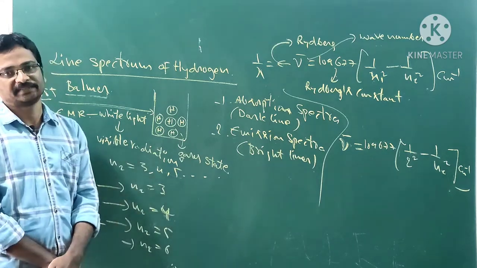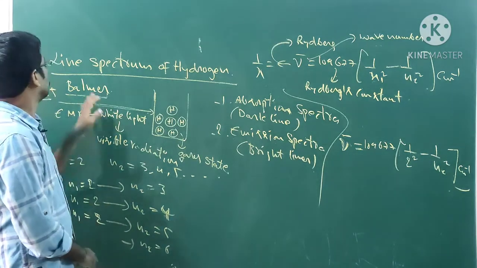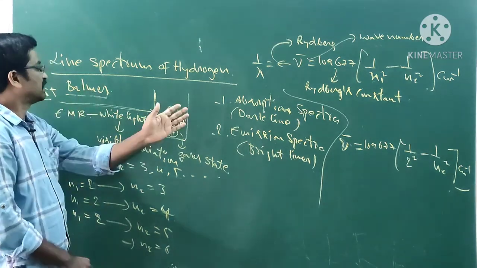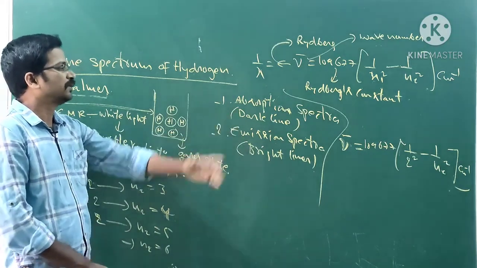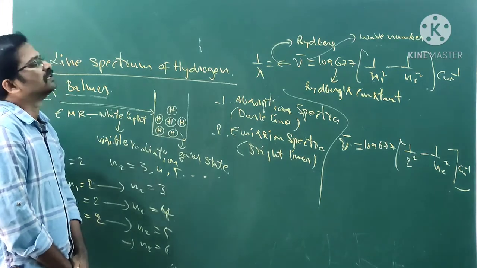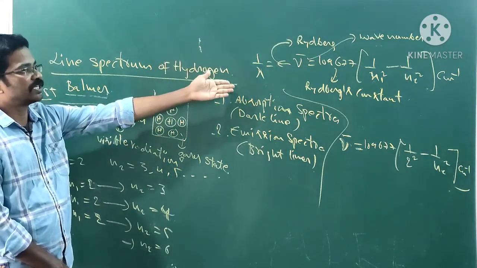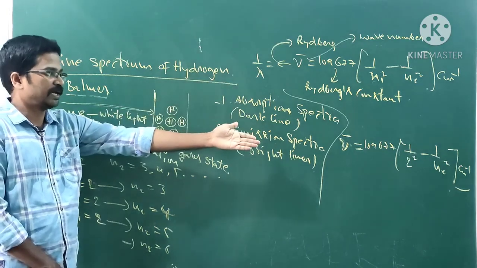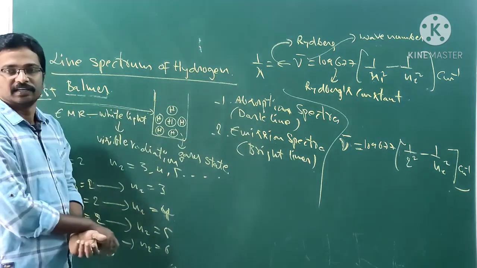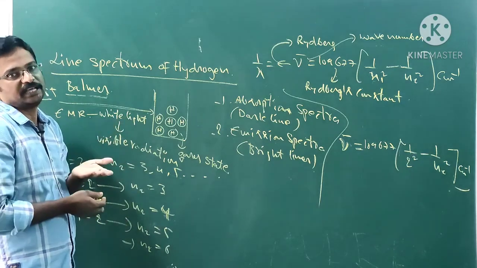He is the first scientist to explain that whenever white light passes into the sample, you get two types of lines, dark lines and bright lines. To explain this, he borrowed the equation from Rydberg. An atom has energy levels.